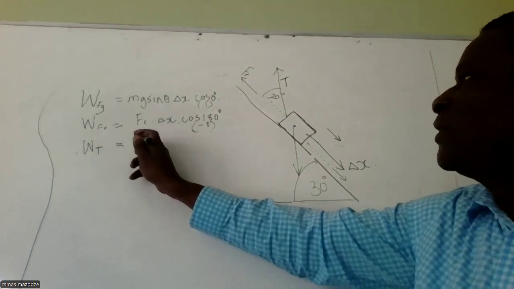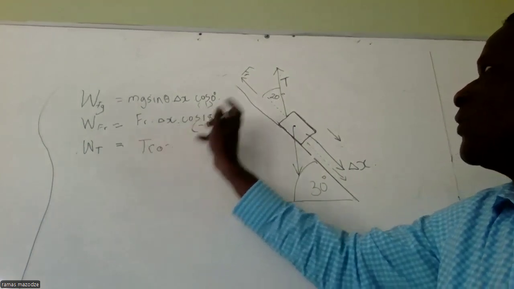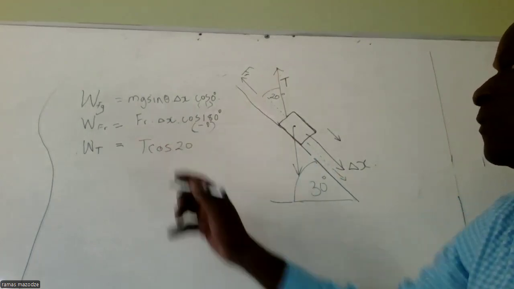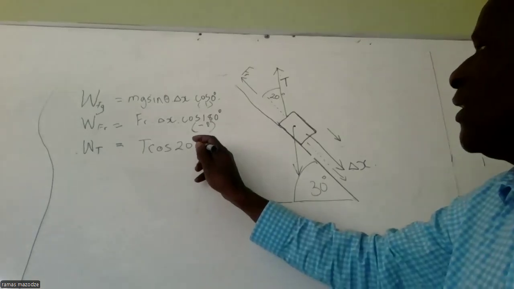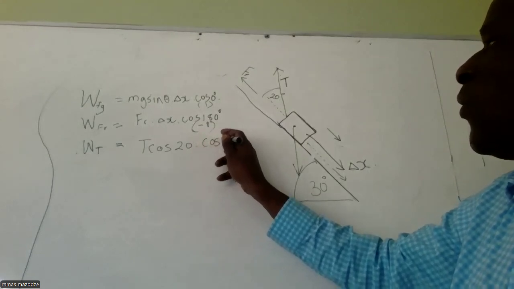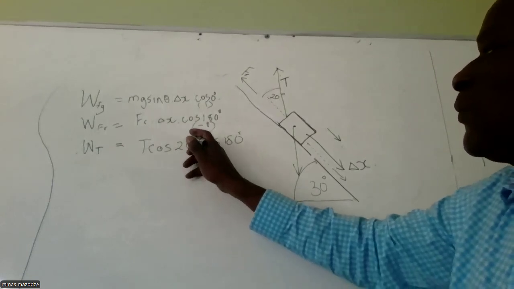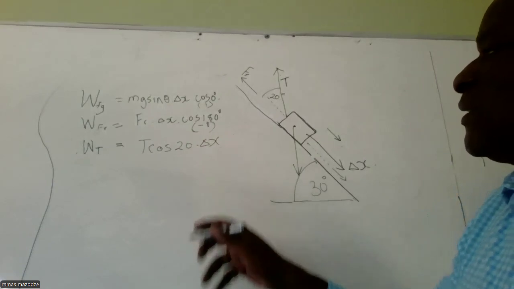So it will be tension cos 20 degrees. I forgot to put the delta x there.